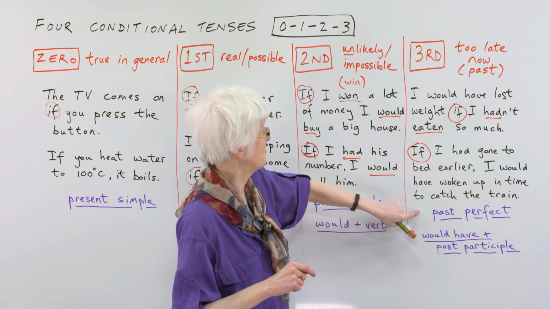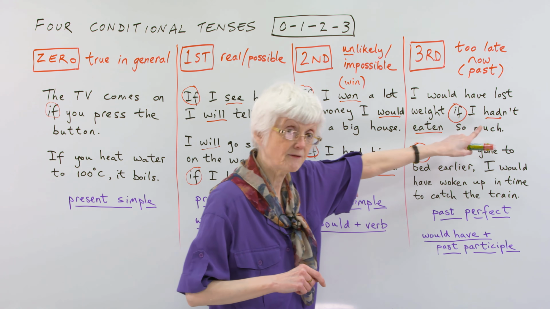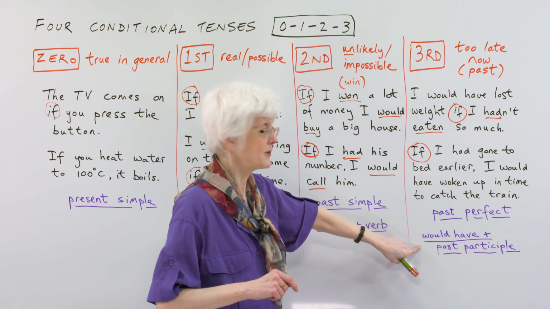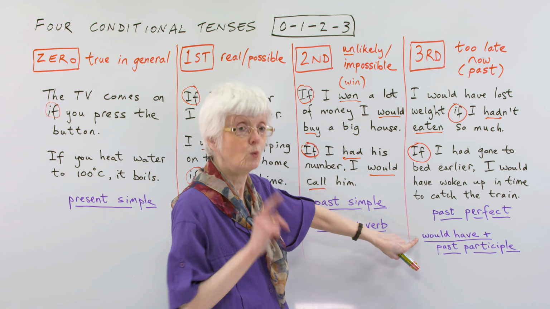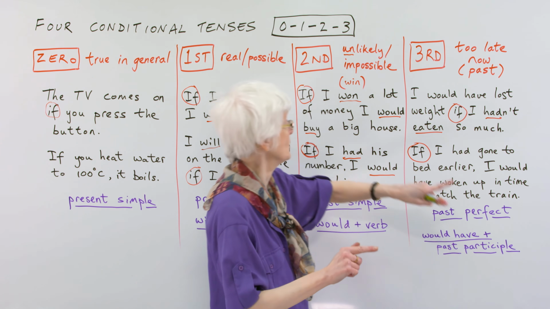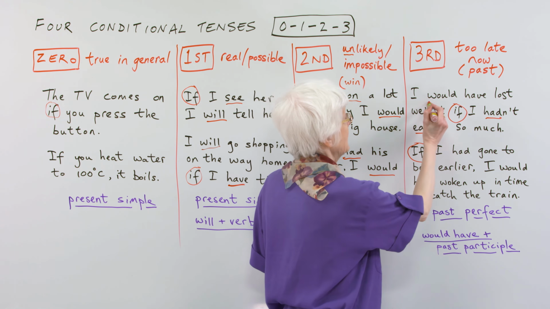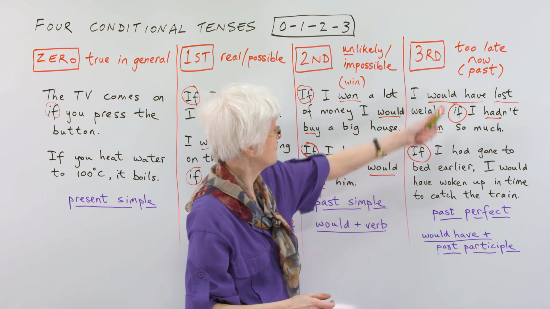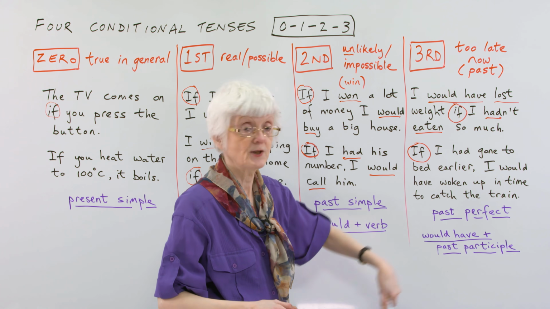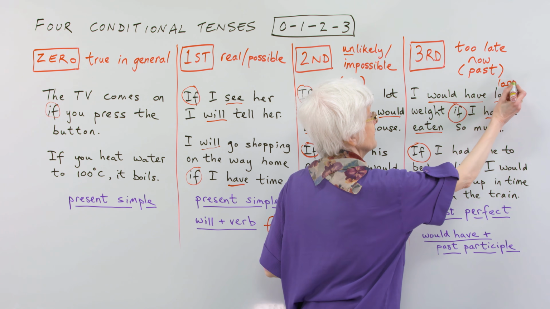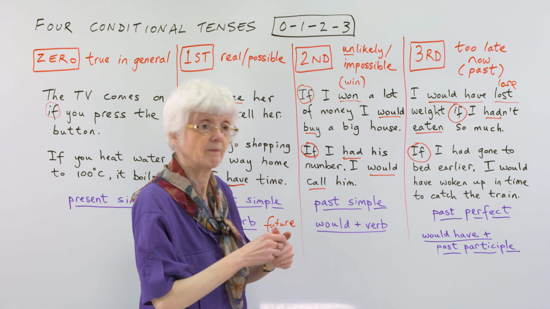So that's the past perfect with the if clause. Okay, and then the other part, the main clause, has would have plus the past participle. So I would have lost. Would have, and then lost is the past participle of the verb to lose. Okay.